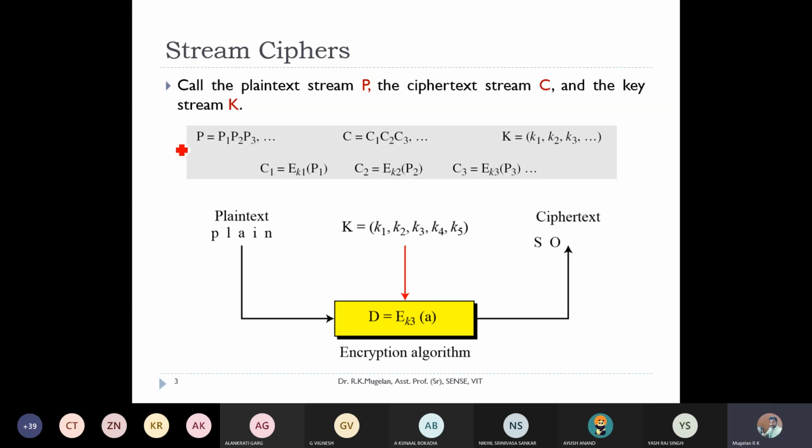For example, if P1 is the first character in our plain text, we'll generate the ciphertext C1 with respect to the key K1. For the second character P2, I'll use the second key stream value, K2, to generate C2. So each plain text character is mapped to ciphertext with the individual key values present in the key stream. This is a stream cipher.